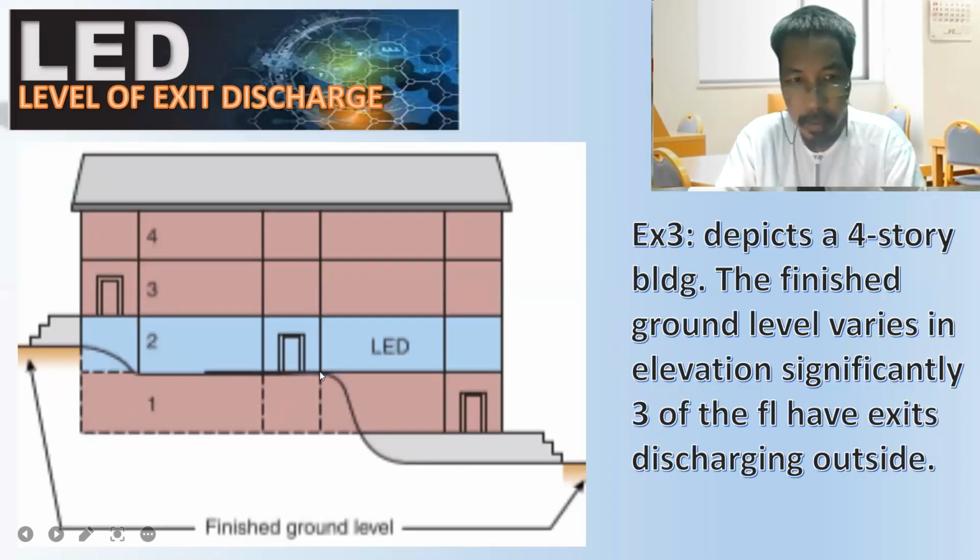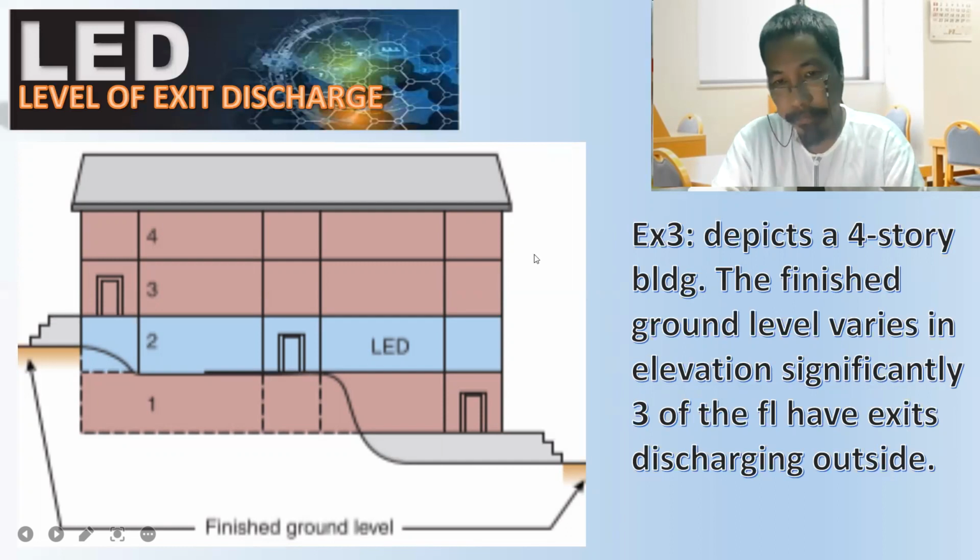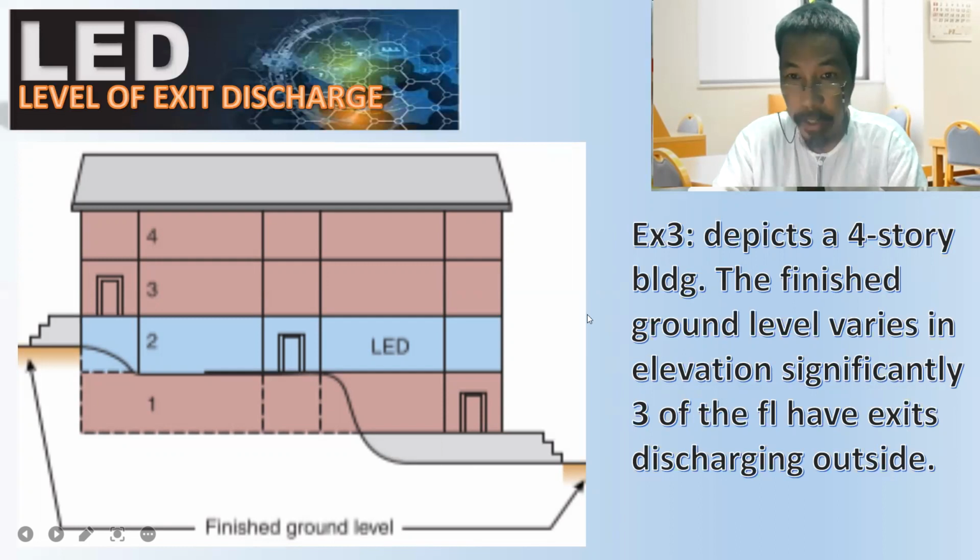So it is the second floor exit which does not utilize stairs in going outside of the building. After going outside of the building, you have to use stairs. So therefore, which one is the level of exit discharge?